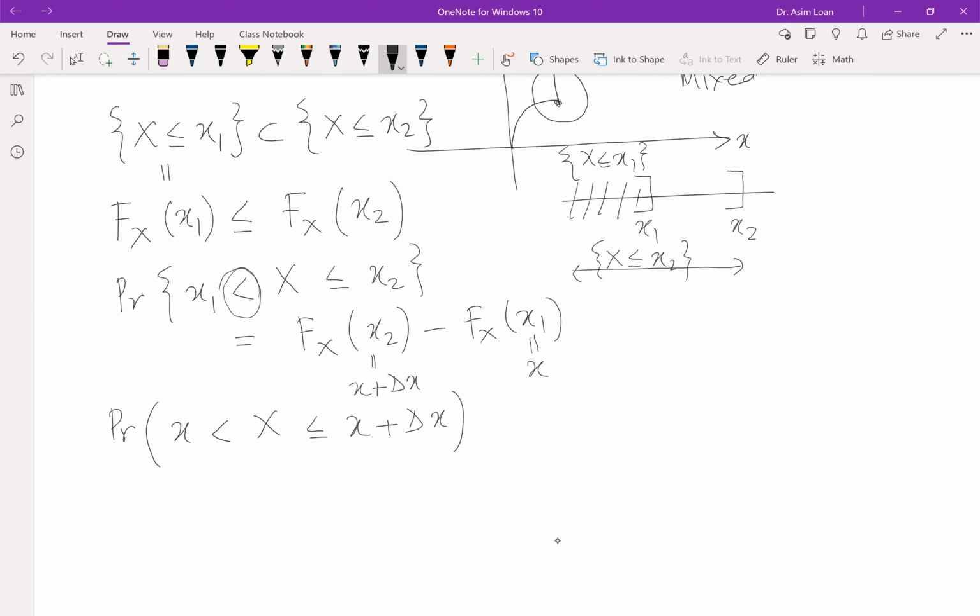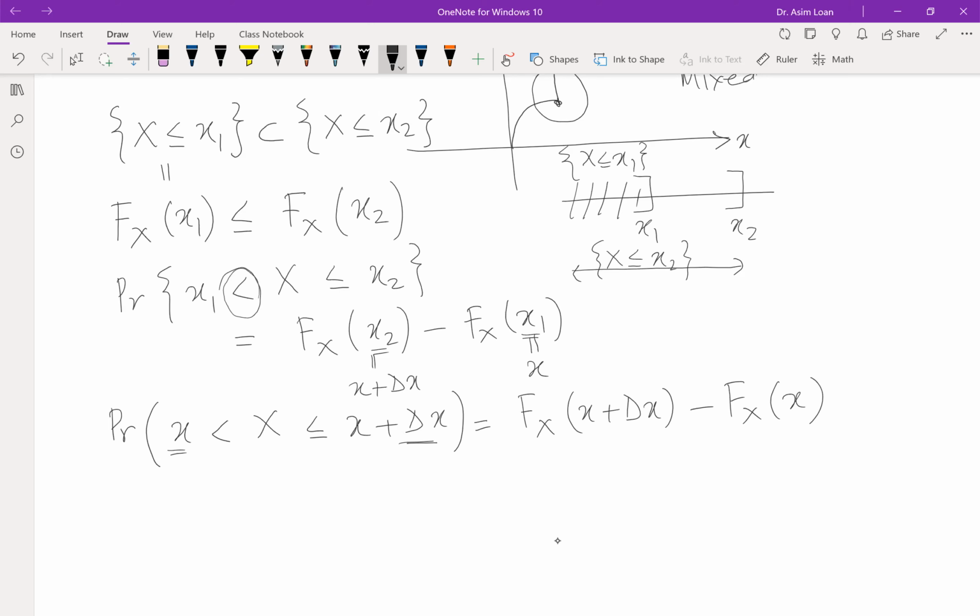It's only for the discrete case that we are concerned with whether this is a less than or a less than or equal to. So the probability in some small interval delta x around x is simply F_X(x2), which is x plus delta x, minus F_X(x1), which is x.